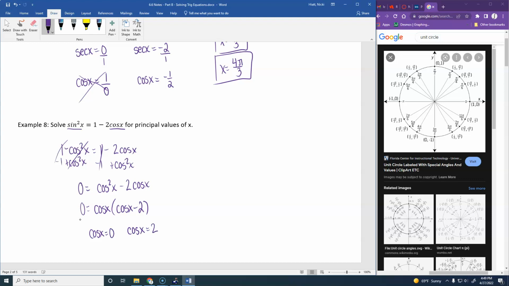And so for 0, cosine is going to equal 0 at, I'm sorry, at pi over 2. So we'll get x equals pi over 2. And then cosine x never equals 2. So we won't get any answers for that. We'll just have the answer of pi over 2.